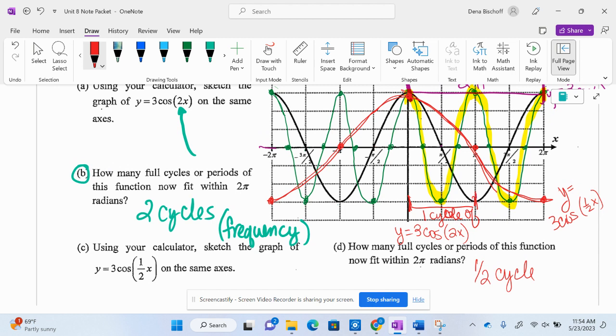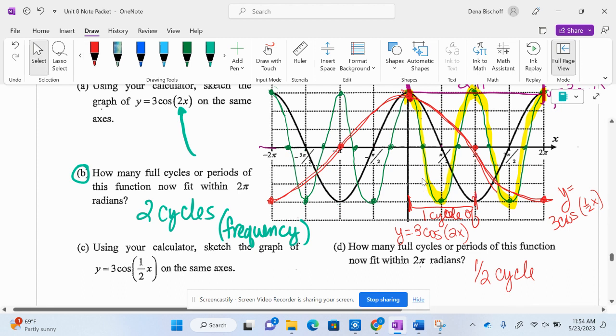Does anyone want to see it in Desmos? Is it easier for you to sketch it off of Desmos? No. So I'll put no. Okay. Do you want me to just put one of them on Desmos, like just do the 1/2 cosine? I'm going to freeze this. What do you need, sir? Say again. Are you sure?